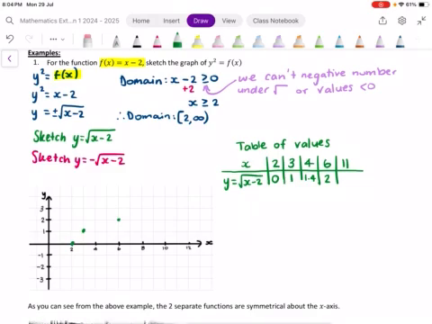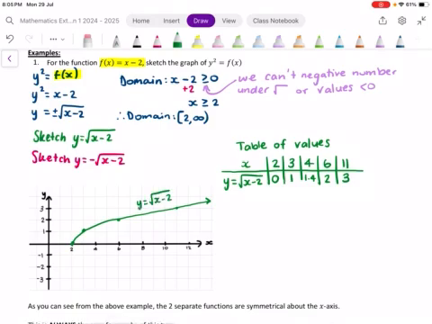And the square root of 11 minus 2 is 3. So at 11, we are at 3. What we then want to do is sketch by connecting our points, like so. And we have our y equals the square root of x minus 2.